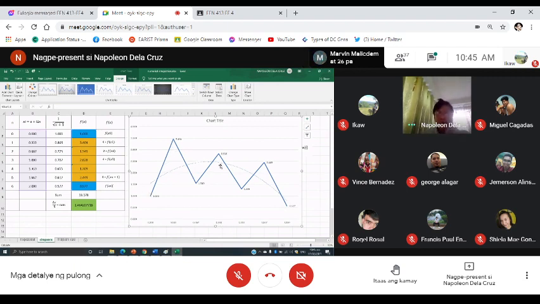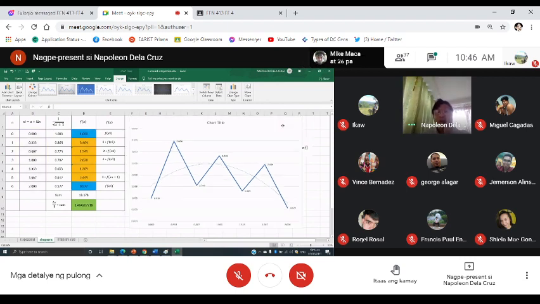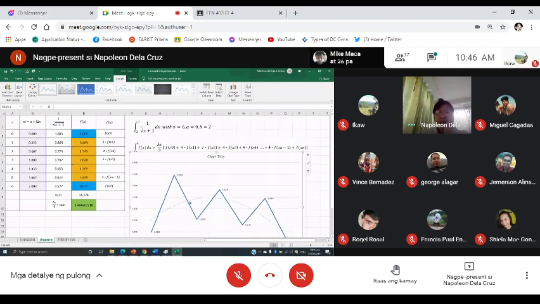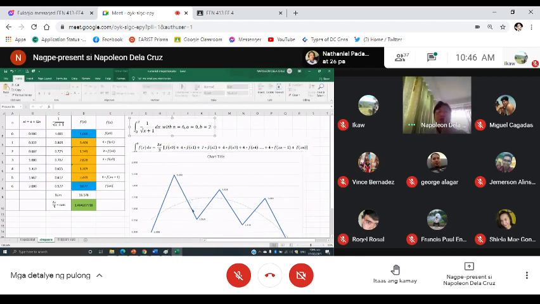Ito yung ginamit natin na area under this curve, using Simpson's 1/3 rule. Pero ito actually ang trend line. Yung trend line na yan, yan yun. Okay? Yung trend line na yan.